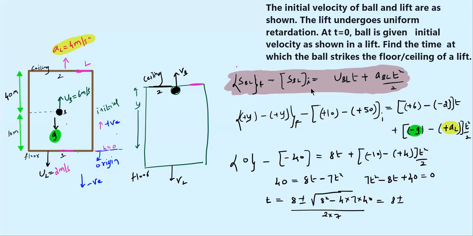Look at all these values. b square minus 4ac. 4 sevens are 28, 28 into 40, 1120. 1120 minus 64, 1056.